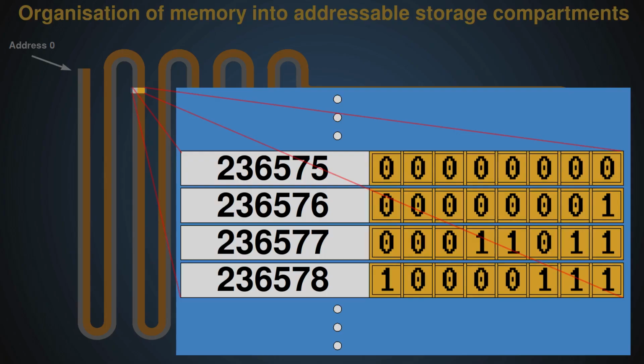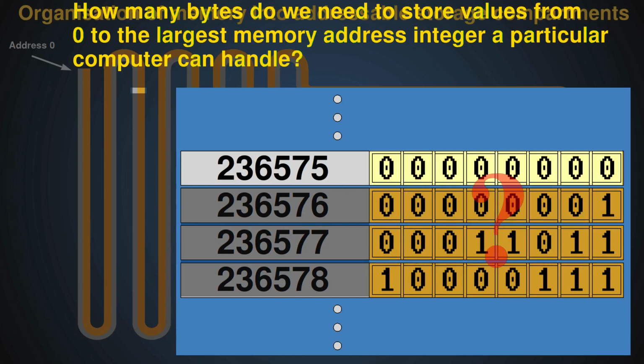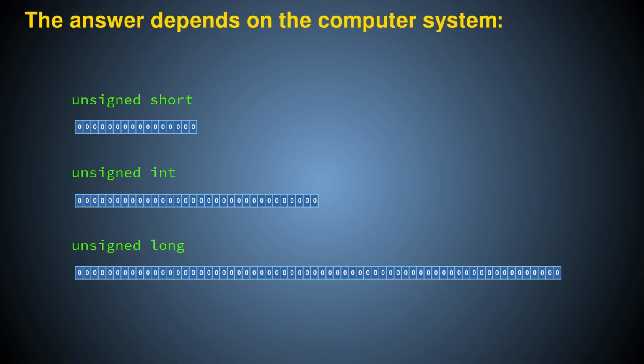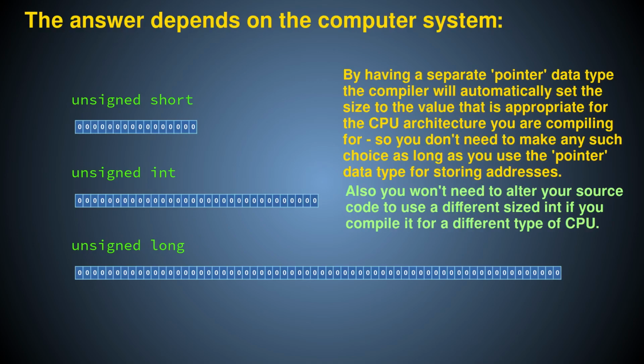Firstly, the size of this data type in terms of number of bytes needed to store a memory address number needs to be large enough to hold all the possible memory addresses a particular processor can handle. The size of an unsigned int may not be sufficient for this in some systems, but in other systems it may be too big and wasteful. Compilers compile code for certain processor architectures, so the size of a pointer will be implementation dependent.